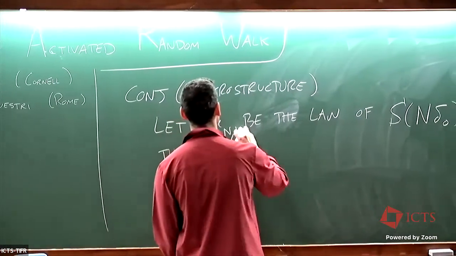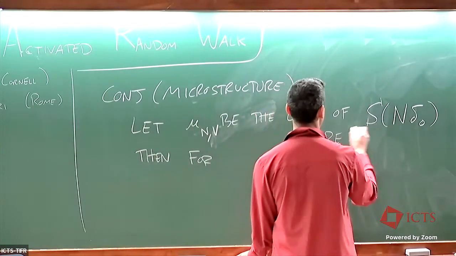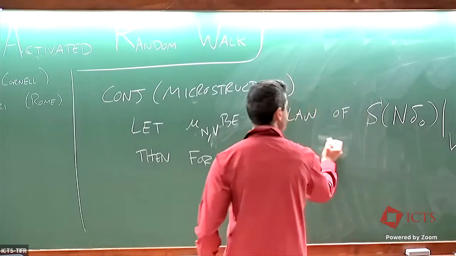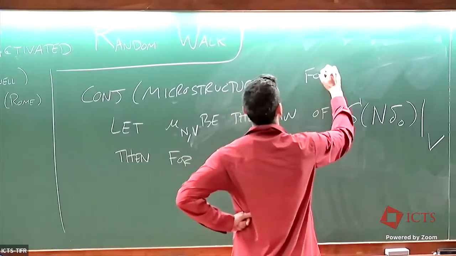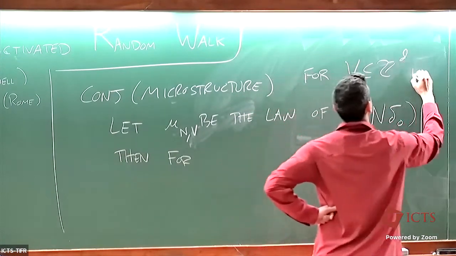So say mu_{n,V} is the law of this state restricted to a finite set V in Z^d, finite.